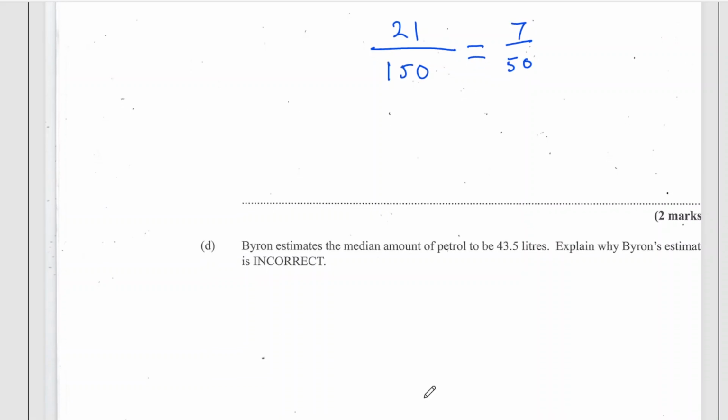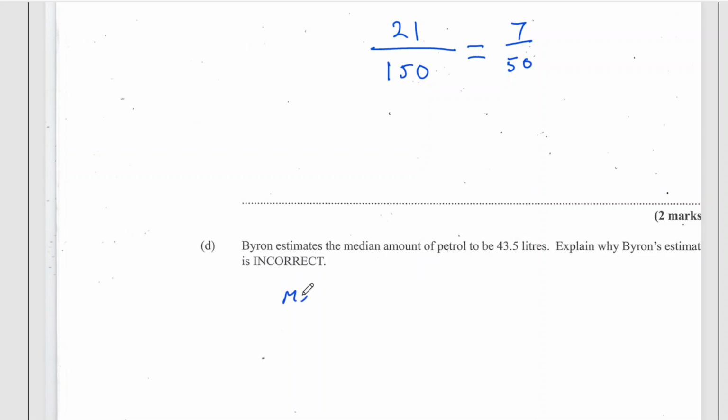Brian estimates the median amount of petrol to be 43.5 liters. Explain why Brian's estimate is incorrect. Right, so this is a smart way of getting you to actually calculate the median. So what do we have to do? We need to calculate the median and see if the value that this person estimates falls in the median.